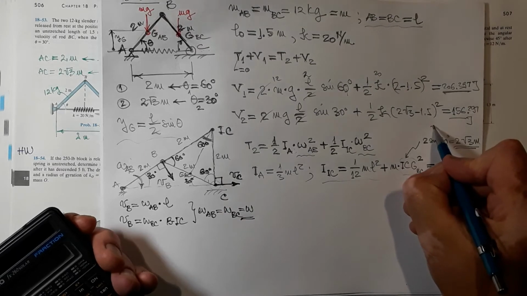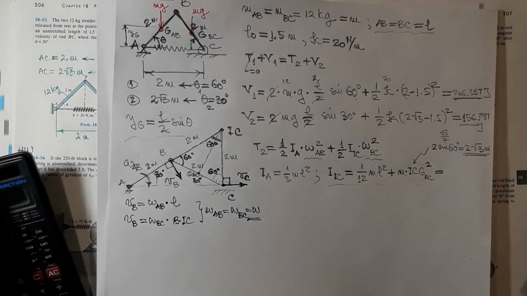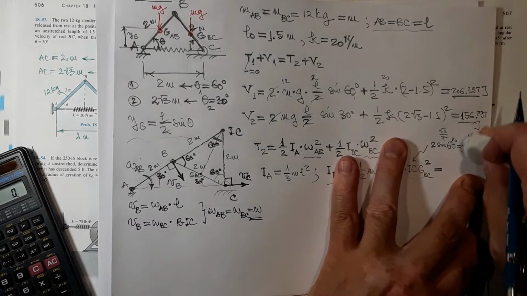This is square root of 3 over 2. Yeah, it was a mistake. So it's just square root of 3.